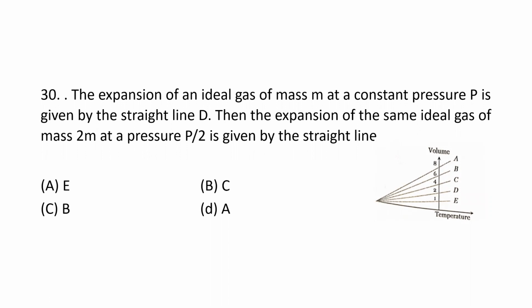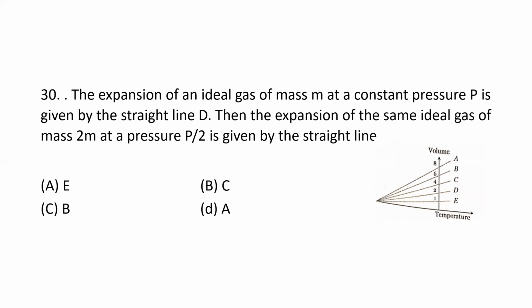See, the question is: the expansion of an ideal gas of mass M at a constant pressure P is given by the straight line D. Then the expansion of the same ideal gas of mass 2m at a pressure of P by 2 is given by which straight line?